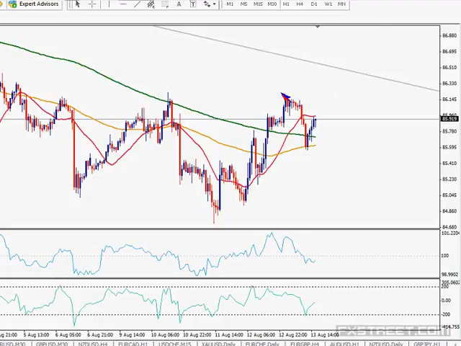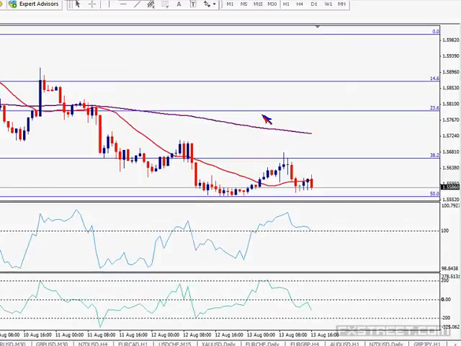Why an exponential moving average of 200 instead of a simple one? Backtesting. Why 200 and not 100? Backtesting. Why 20 and not 21? Backtesting.